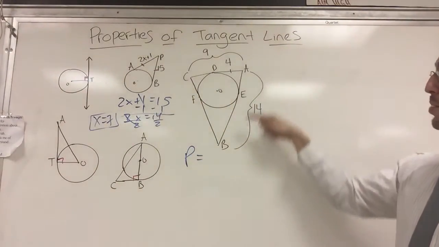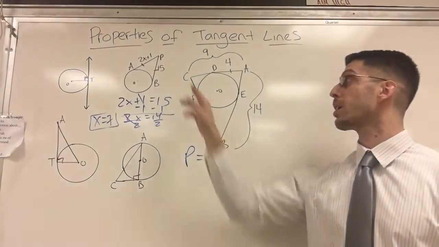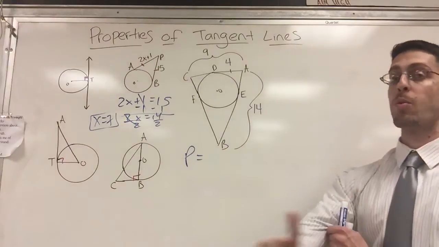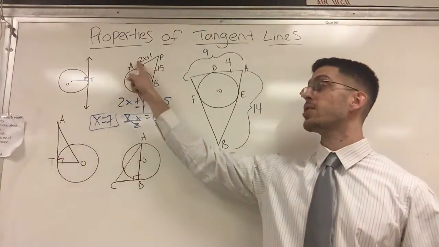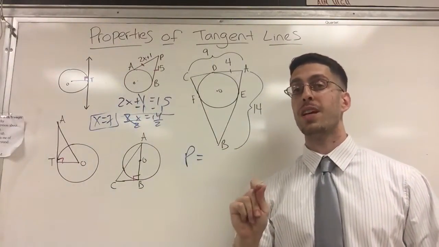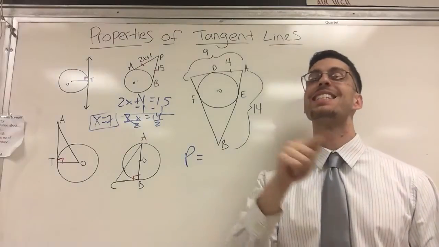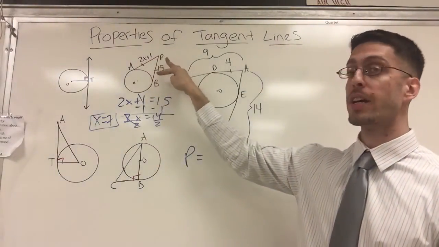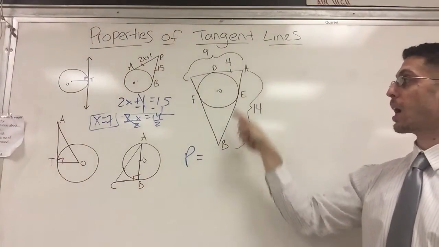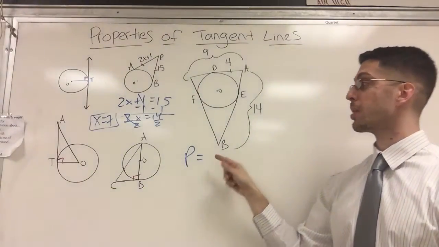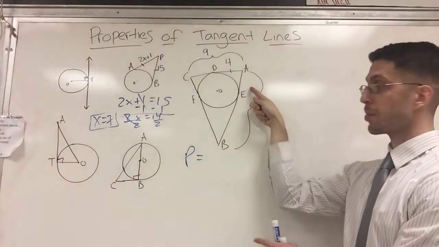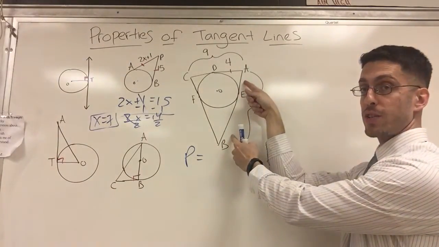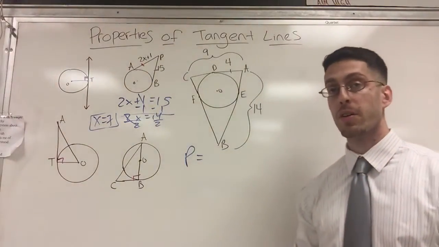So just because AB is 14, don't think that CB is also 14. That's not true. I should be more specific. When I said tangent lines are congruent, I should have said tangent line segments are congruent. From P to A is a segment, from P to B is a segment. A to B, I wouldn't consider a tangent segment. A to E is a tangent segment. B to E is another tangent segment. So that's two different tangent segments. We have to be very careful.